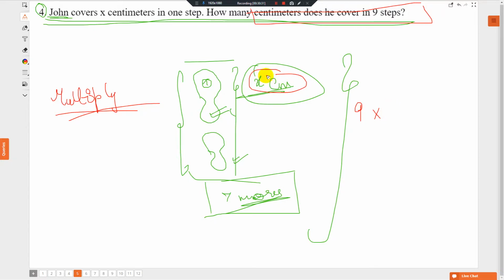In one step, how much did he cover? X centimeters. So 9 into X centimeters gives 9x centimeters. So this 9x centimeters is the total distance covered in 9 steps.